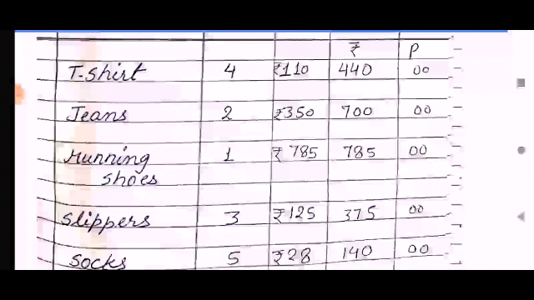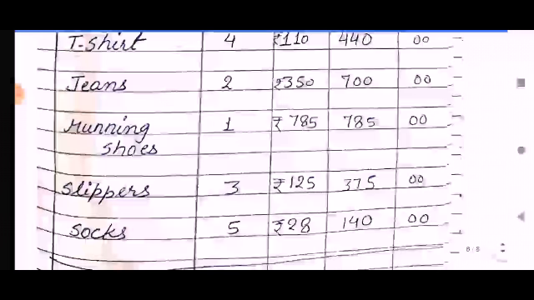Running shoes price is 785 and she has bought only one, so we multiply 785 by 1 and get ₹785. She bought 3 pairs of slippers, so the total is 125 multiplied by 3, which is 375. On multiplying 28 by 5 we get 140.